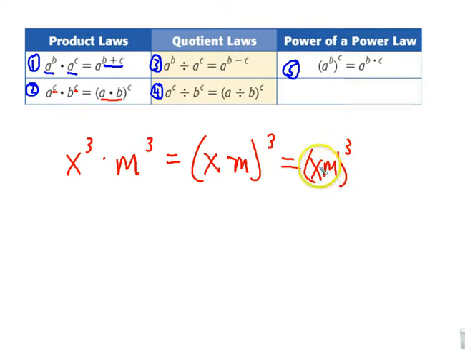We need the parentheses because it's x times m. So we take the 2 bases, we multiply them together, and then we have the exponent that's common between the 2 on the outside. Right? So that's number 2.